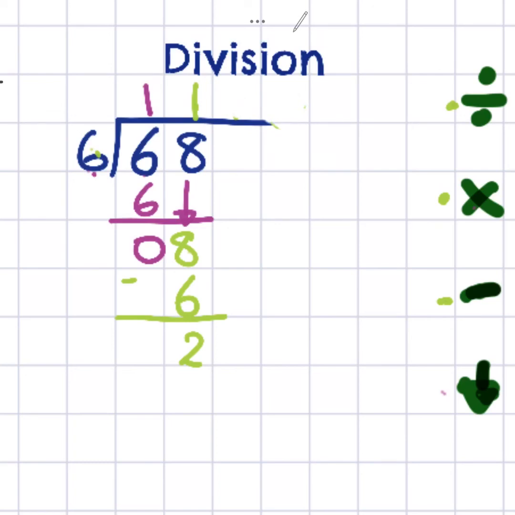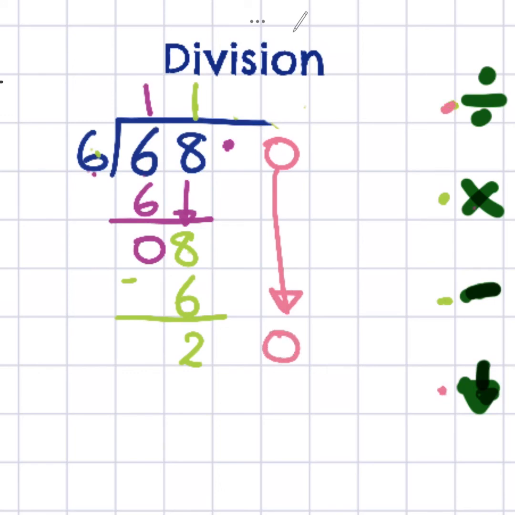To write it as a decimal, you need to put a decimal point in. Let's change the colour. Put our 0, and we start again. Bring that down. Now we start again.